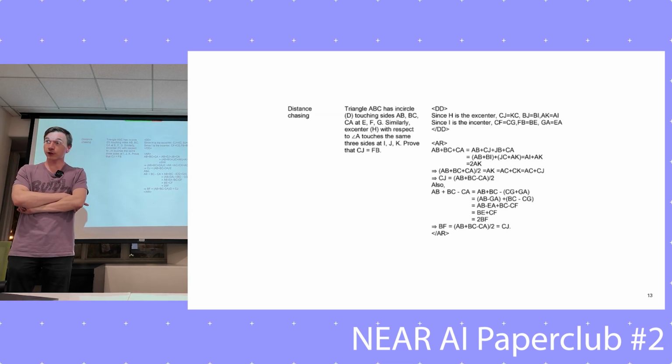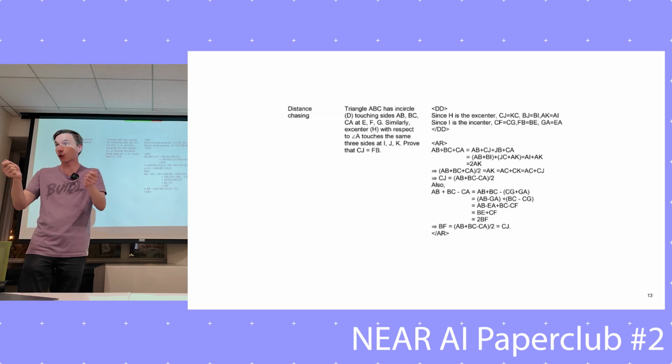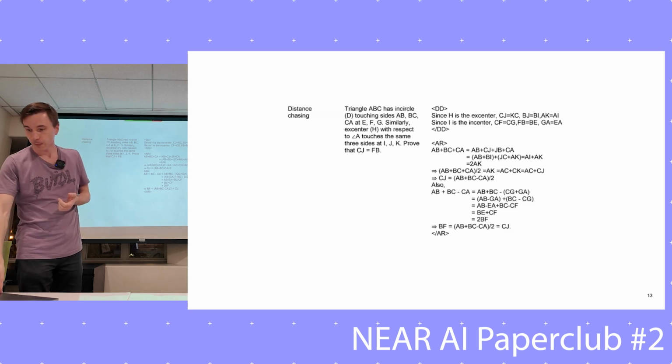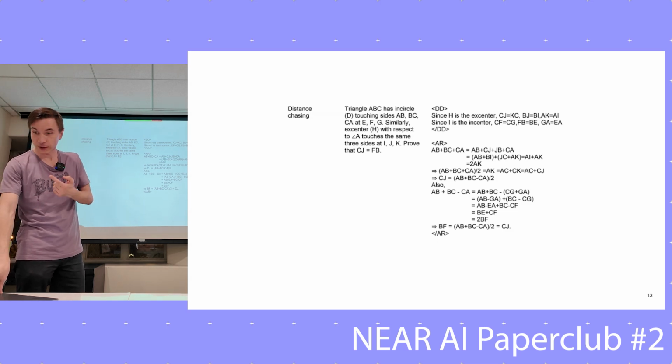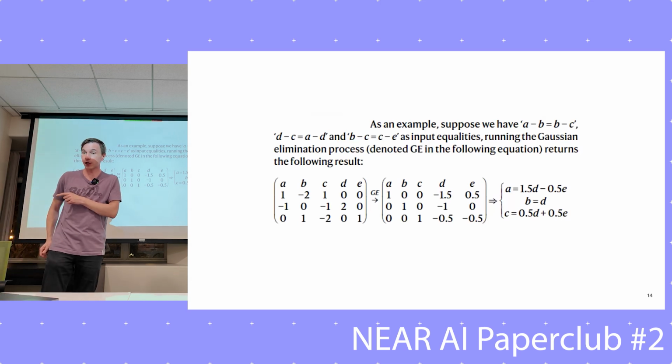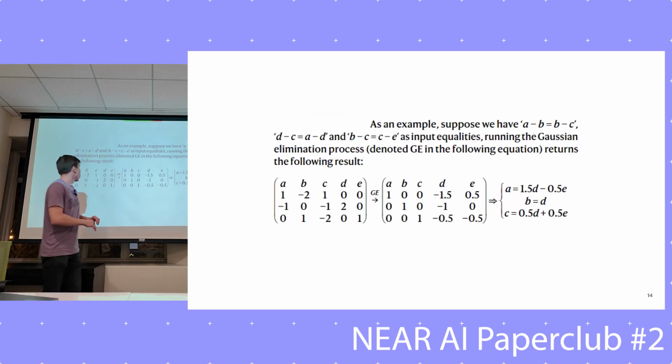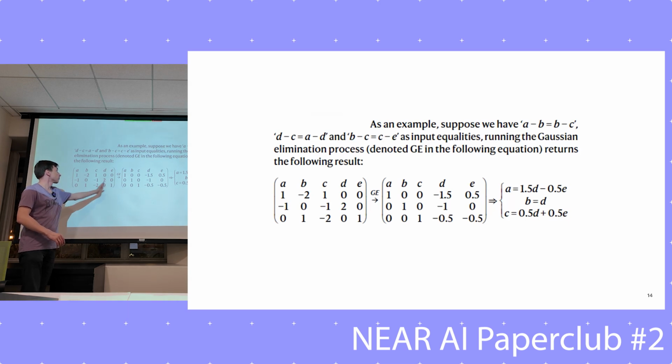AR is not aware of the geometric nature of the values. What you give to AR is multiple linear equations, a system of linear equations, and it solves it for you and gives you new relationships between the values. As a matter of fact, the way it works specifically is they build a matrix where columns are different values in your current state of the problem solution, right?